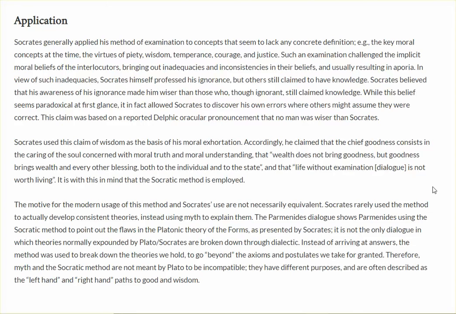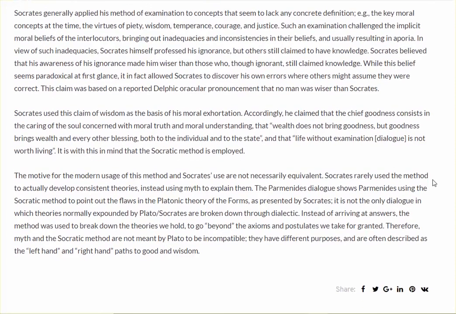In view of such inadequacies, Socrates himself professed his ignorance, but others still claimed to have knowledge. He said, maybe I am ignorant, but the others said, no, we have knowledge, we know things. Socrates believed that his awareness of his ignorance made him wiser than those who, though ignorant, still claimed to have knowledge.